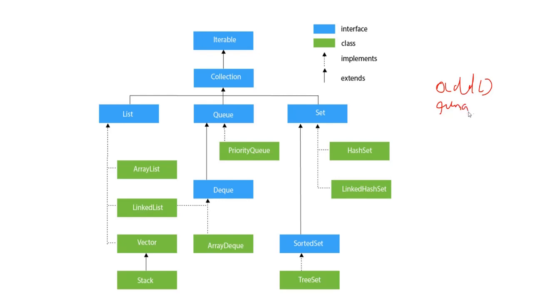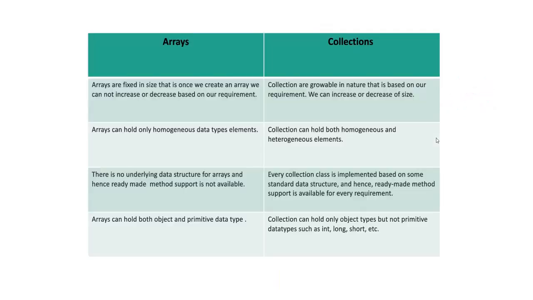So we have a lot of other methods as well in collections. We can directly use them and perform the operations on it. Okay. So we understood what is collection, what is the need for collection, and what are the disadvantages of arrays, right? Let's see what is the difference between array and collection.